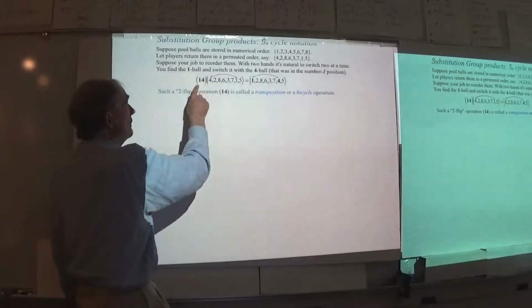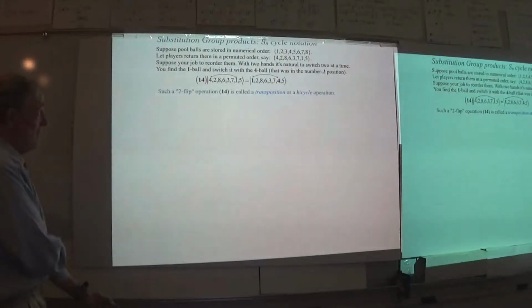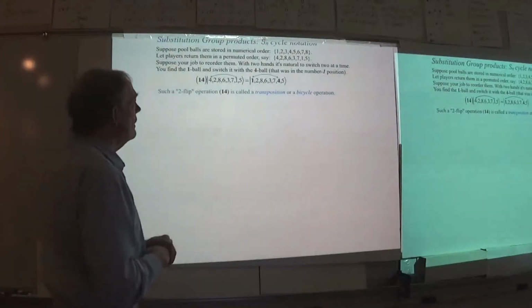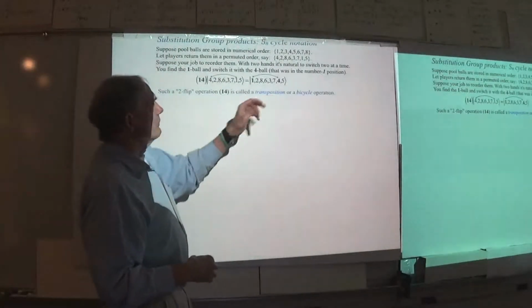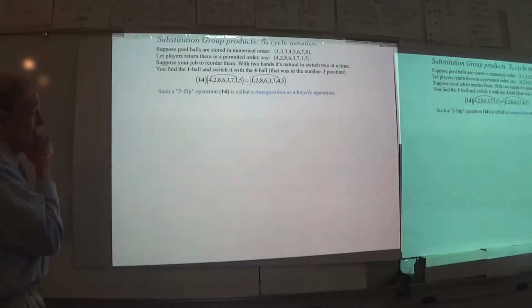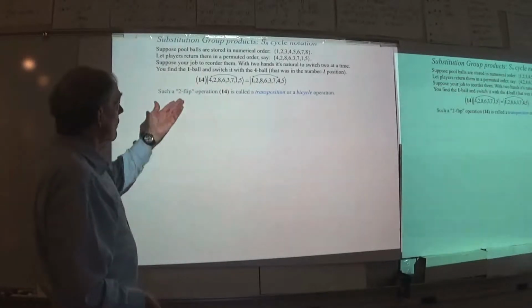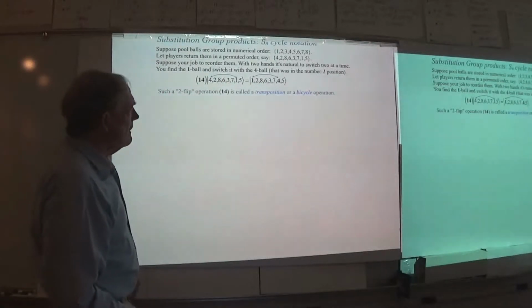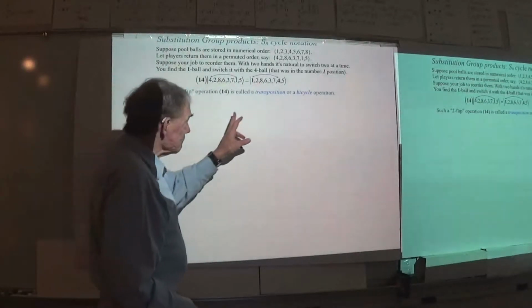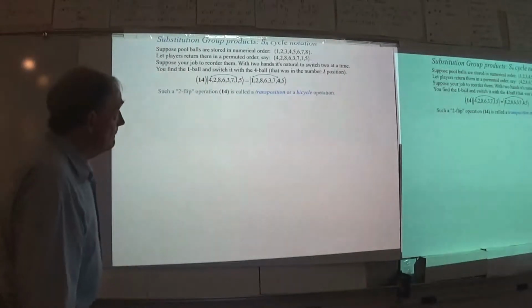So this is designated by what we call a bicycle. Just 2 numbers in there that correspond to a transposition permutation, the simplest, most basic finite symmetry group operation, called a two-flip if you like. And so bicycle is the name that we'll be using mostly.